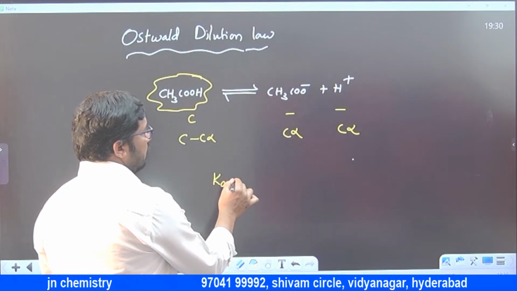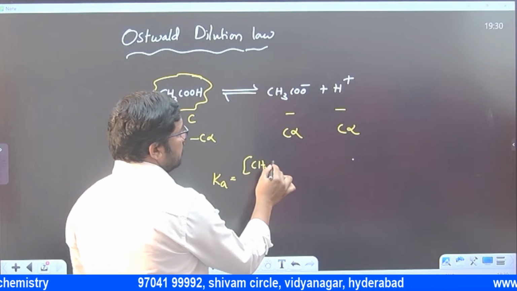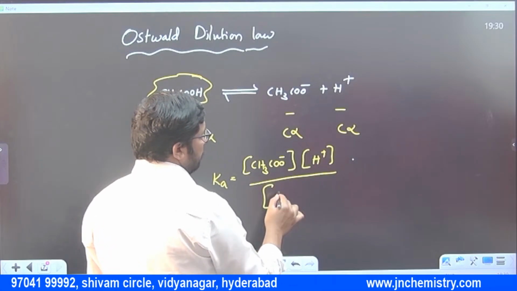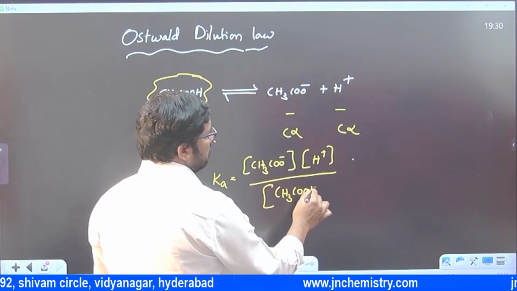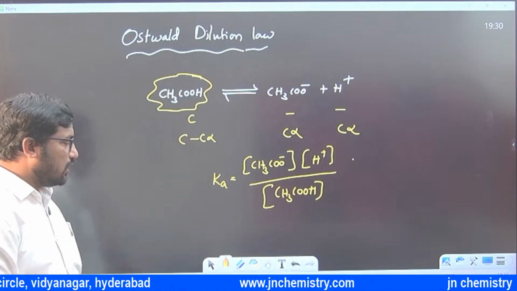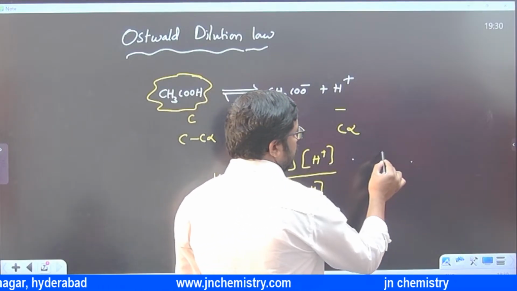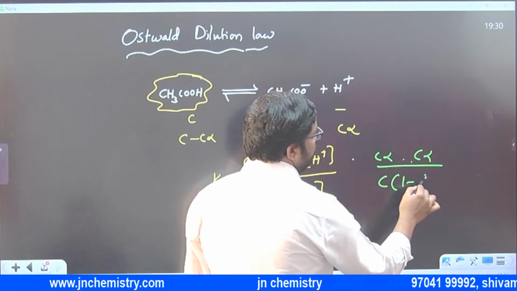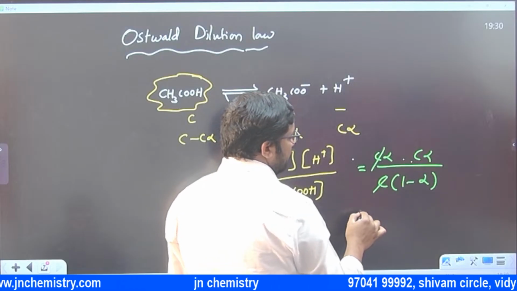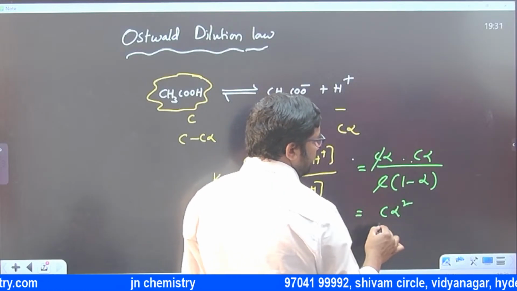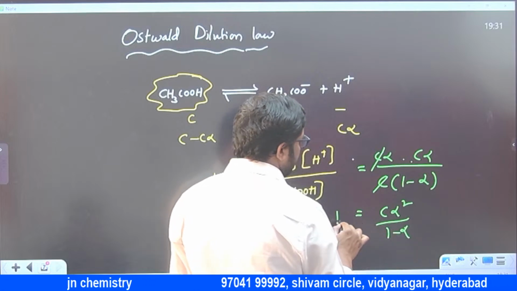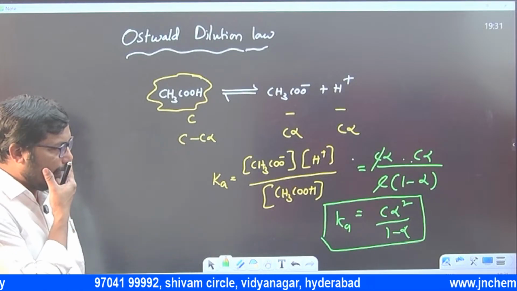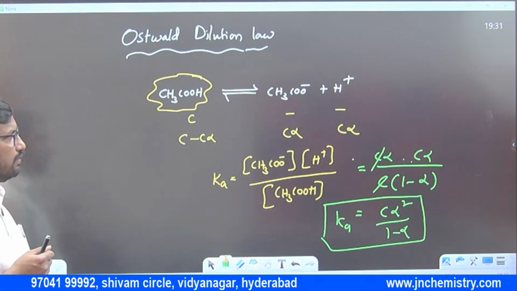Ka is equal to the concentration of CH3COO minus times H plus ion concentration divided by CH3COOH. Applying this at equilibrium, C alpha into C alpha by C into 1 minus alpha. C gets cancelled. C alpha square by 1 minus alpha. Here Ka means acid dissociation constant. Write it down: Ka is equal to C alpha square by 1 minus alpha.